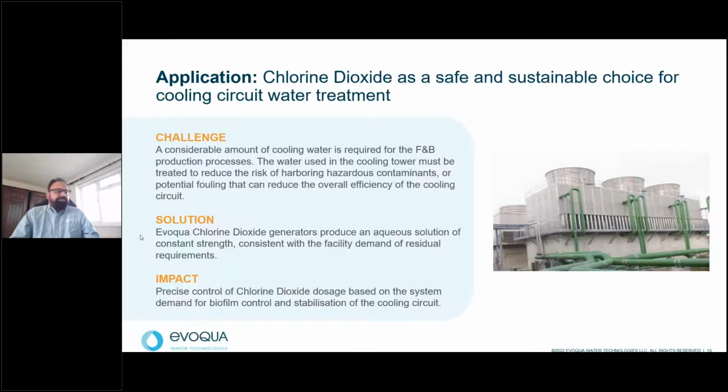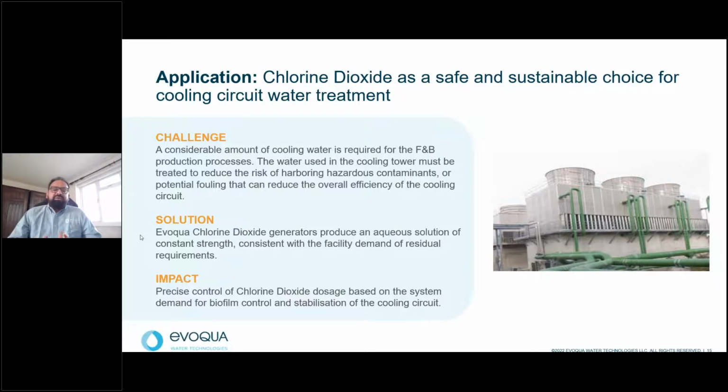So the choice of chlorine dioxide is not only because of what it reacts with, but also because of what it does not react with. For example, chlorine dioxide does not react with nitrogen, ammonia, or mostly organic contamination.